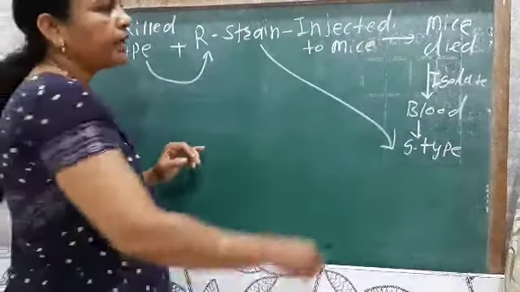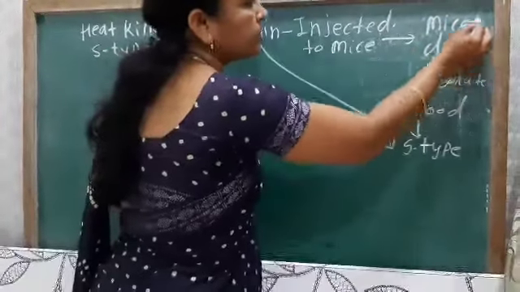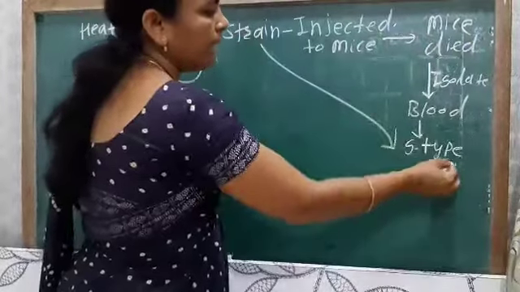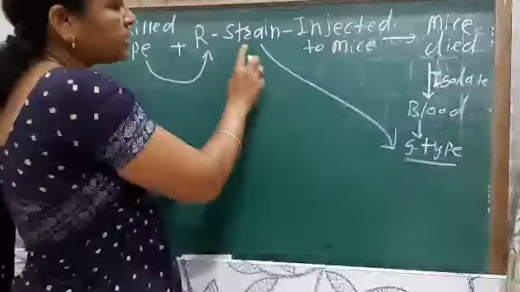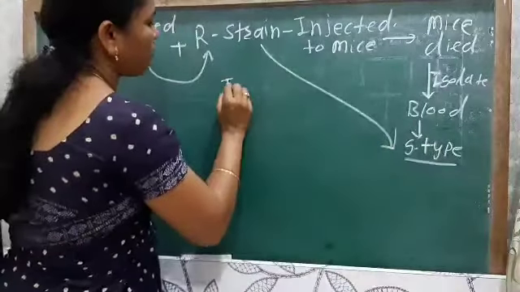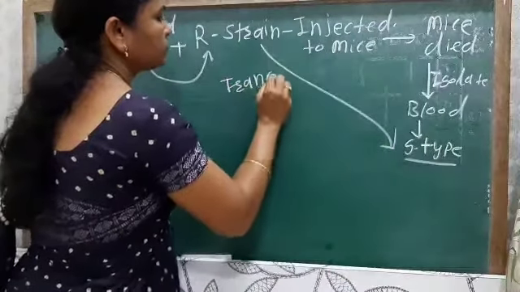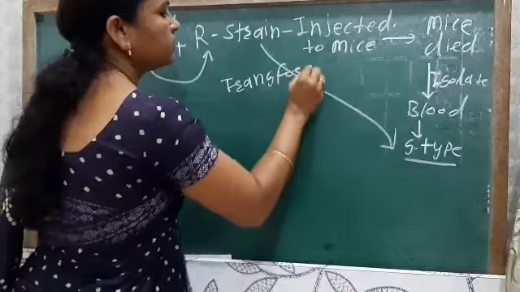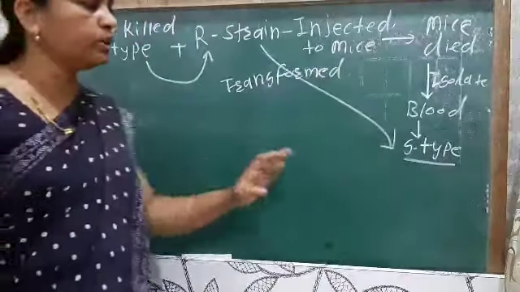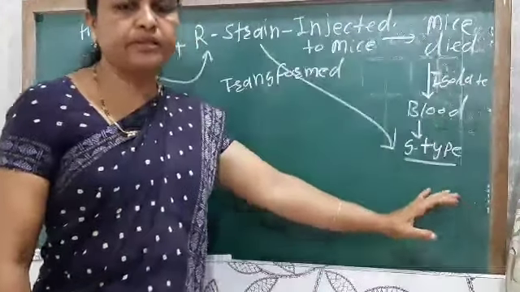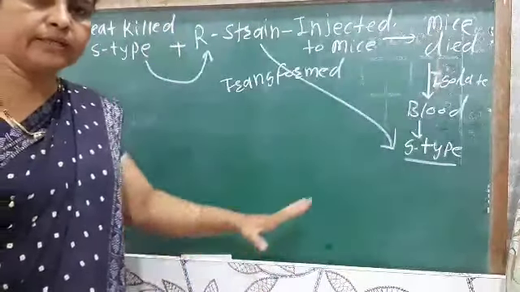And in the blood sample of these mice, there are S type bacteria. So the R strain gets transformed into the S type.